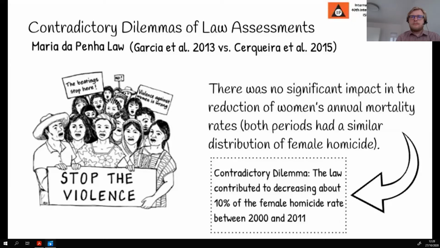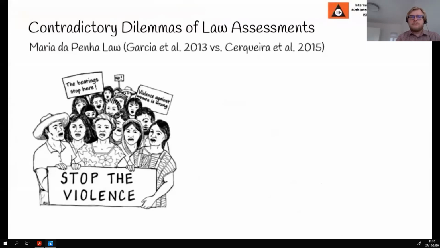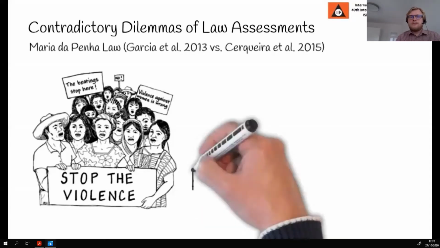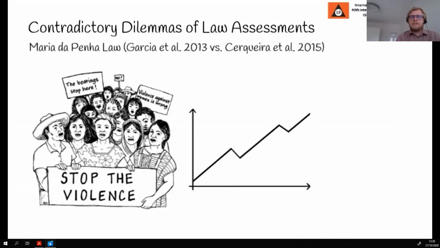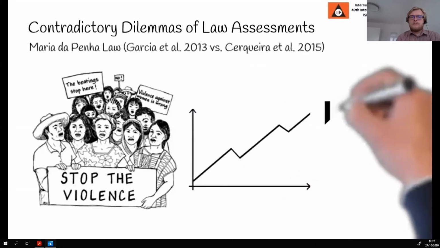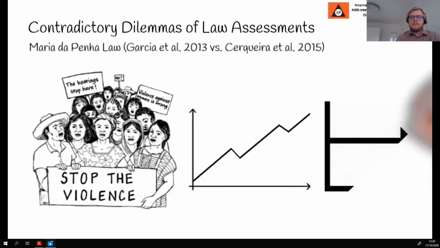This situation is basically an example of a contradictory dilemma because before the law, the country was expecting an increase in the homicide rates. And when the law came, it was sufficient only to keep the rates down to the same level as before, not decreasing any further.